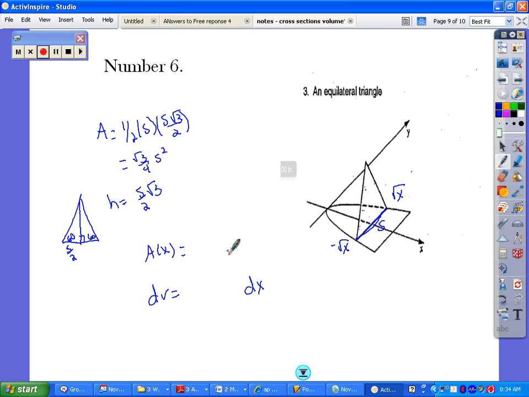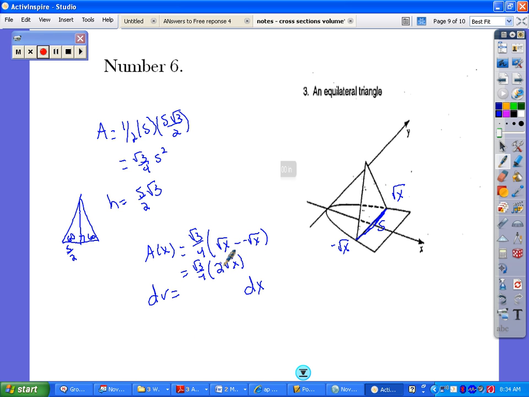A of x is going to be the square root of 3 over 4, and then my side is going to be this distance. So we can either think of it as 2 times the square root of x, because we have it here and this is the same length, or we can think of it as the square root of x minus a negative square root of x, that distance, which is going to reduce to 2 the square root of x. So that's my side.